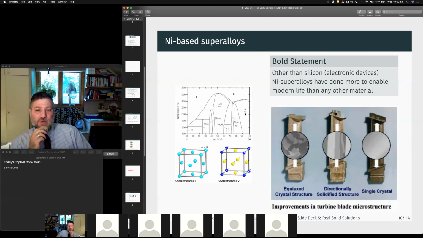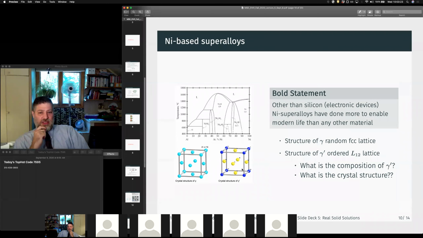The reason these work is that it's a two-phase mixture. We have an FCC structure, which is the gamma phase. And then this other phase is nickel 3 aluminide, the gamma prime ordered structure, where we have nickel on the face sites and aluminum on the corner sites. This is called the L12 crystal structure.